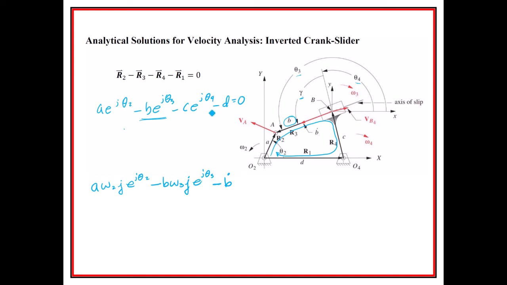Oh yeah, we do need a j as part of this. A j does fall down from there, and then e^(jθ3). We take it as if θ3 does not change, so there's no theta dot and no omega when we do the B dot of the thing. And then minus C ω4 j e^(jθ4) equal to 0.